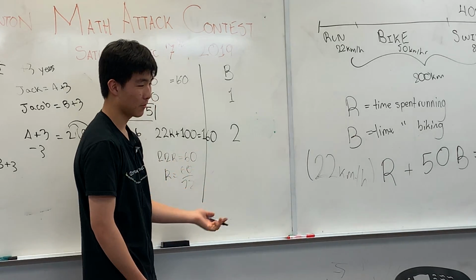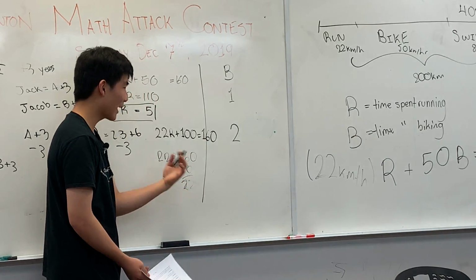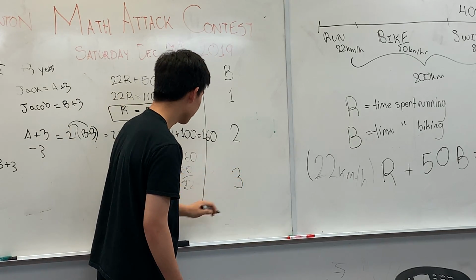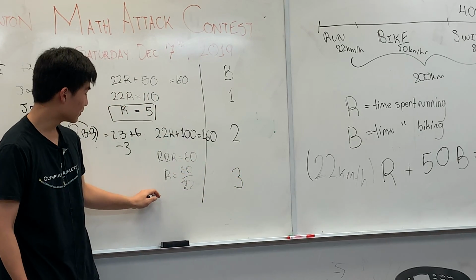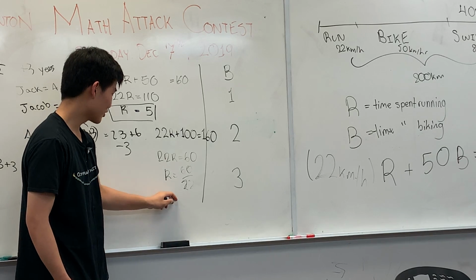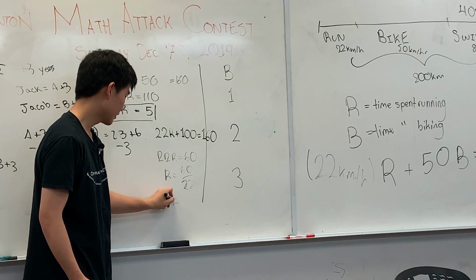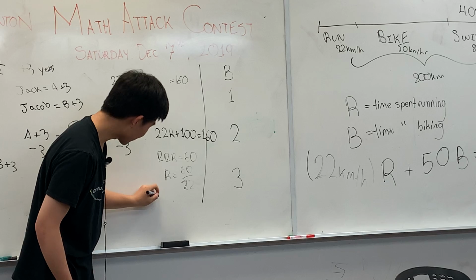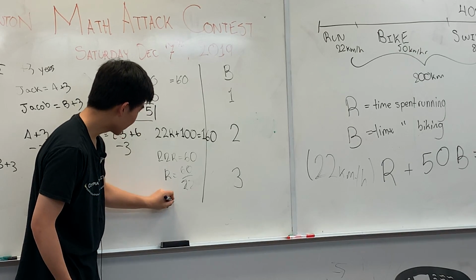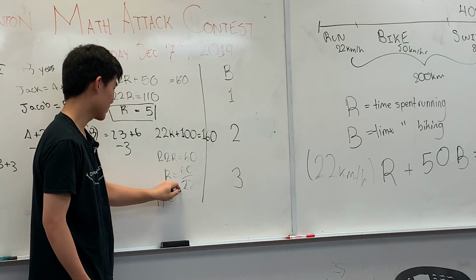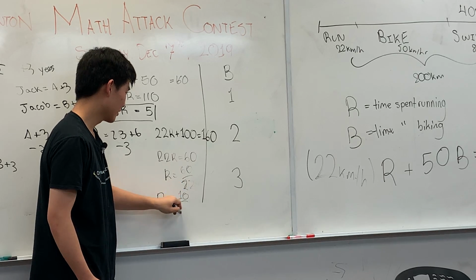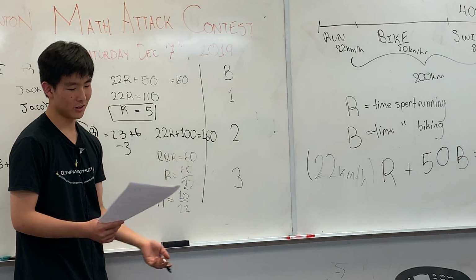This is not an integer, right? And then the last one you have to check is B equals 3. I'll just do it quickly. Basically, you get R is 10 over 22. Quick math. This is obviously not an integer.